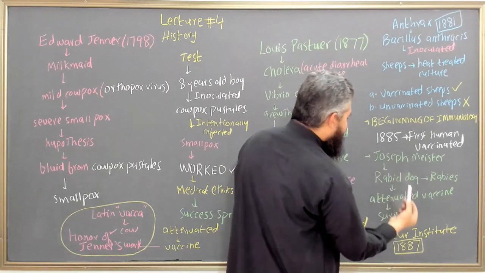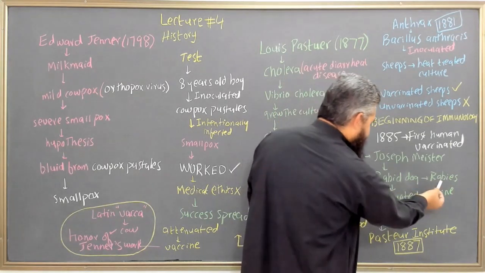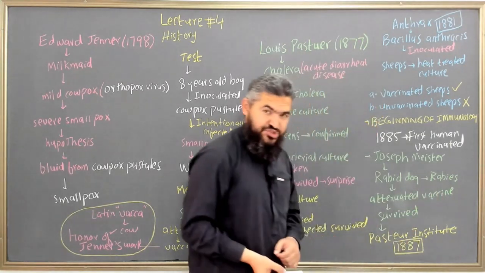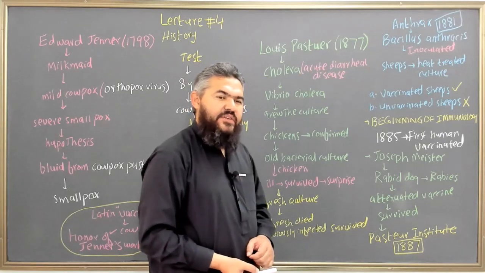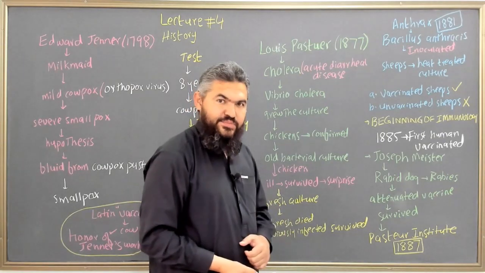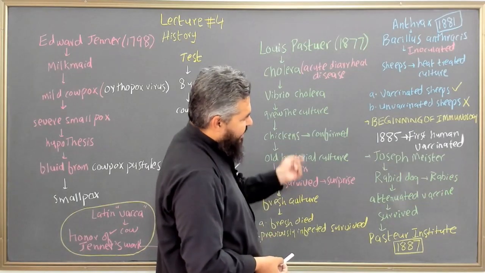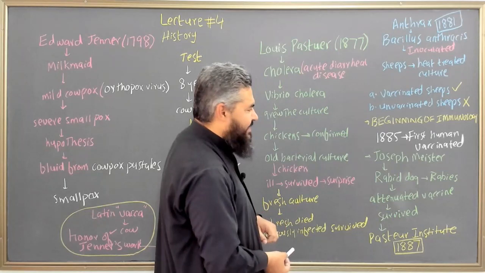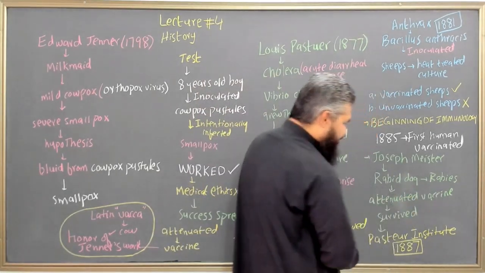He was repeatedly bitten by a rabid dog, and these rabid dogs carry the rabies. Rabies is a condition that affects the neurological system, the nervous system of the individual. So he was repeatedly bitten by these rabid dogs, which carry the rabies virus.